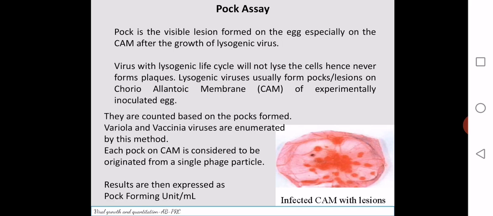These lesions can be observed on the chorioallantoic membrane. These pocks also can be used for estimation of viral growth. That means you can count these pocks for estimation, and here again you can use the pock forming unit as a measurement unit.